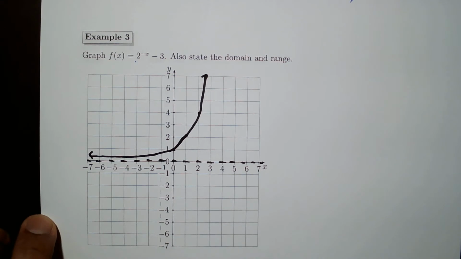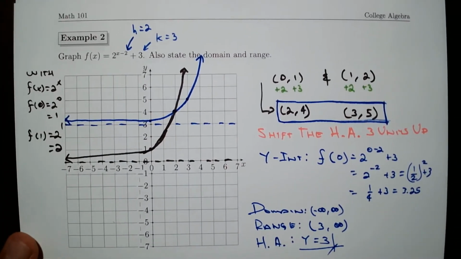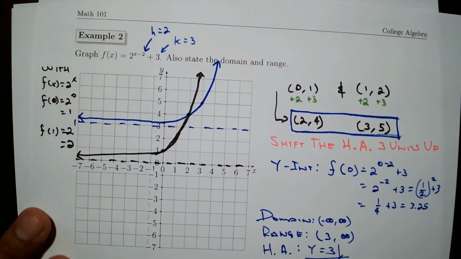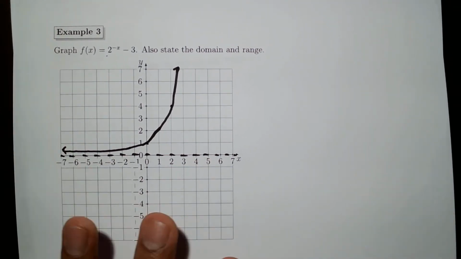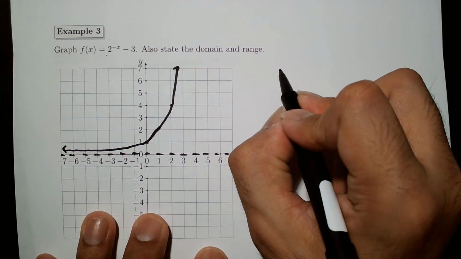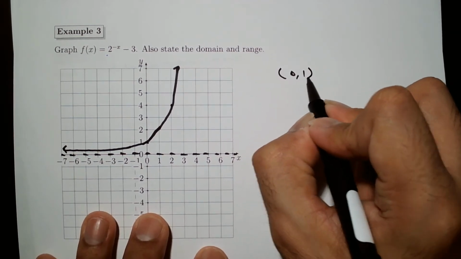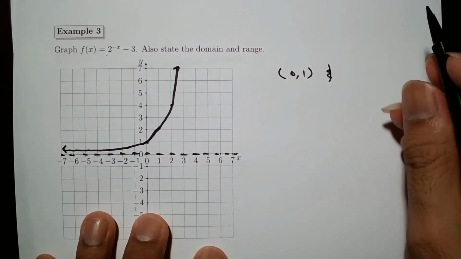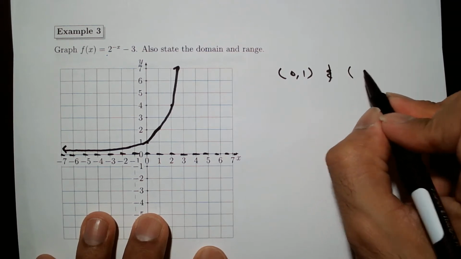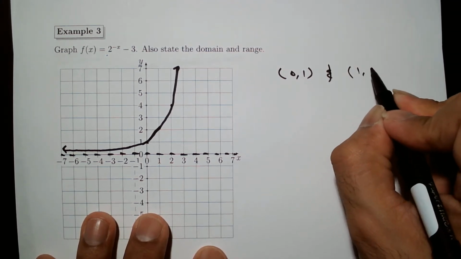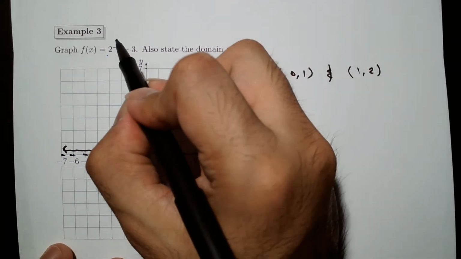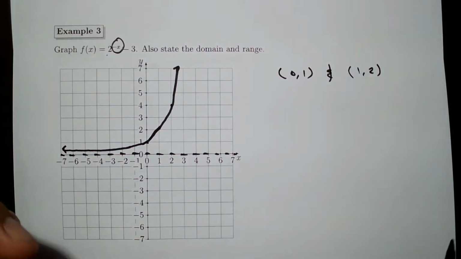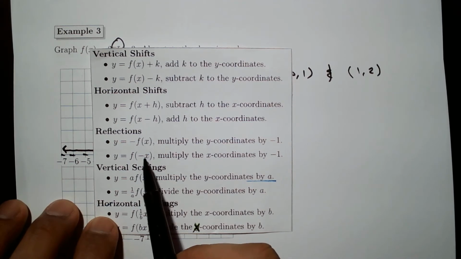Alright, so just like before, we start with the points 0, 1 and 1, 2. And then from there, we are going to do the shiftings and reflecting in this case. So in this case, we have the situation of f of negative x.